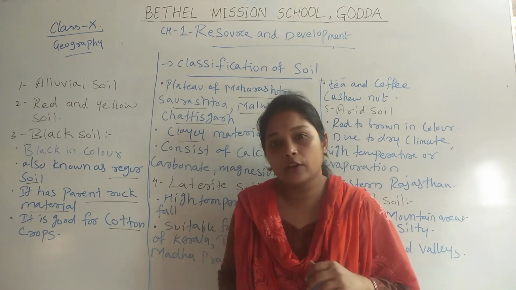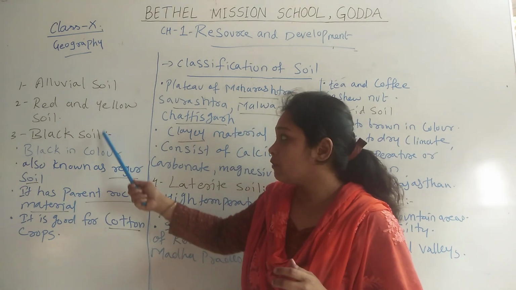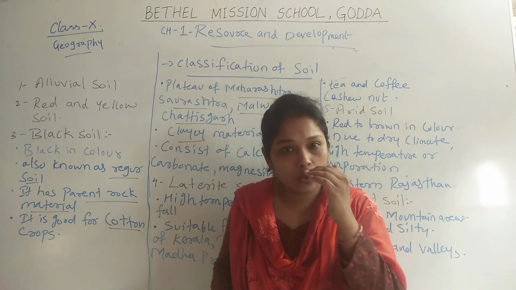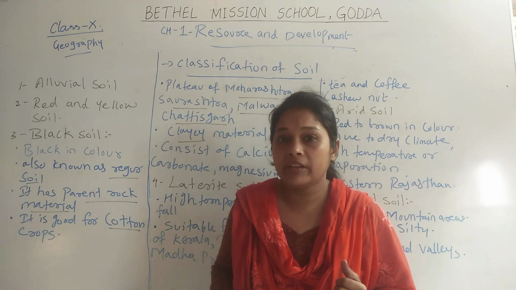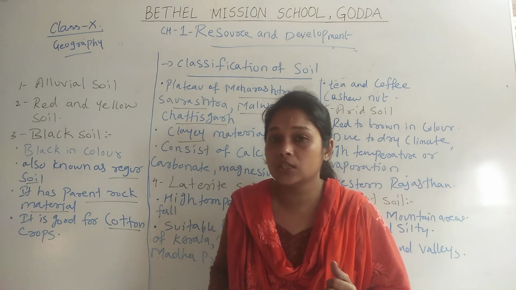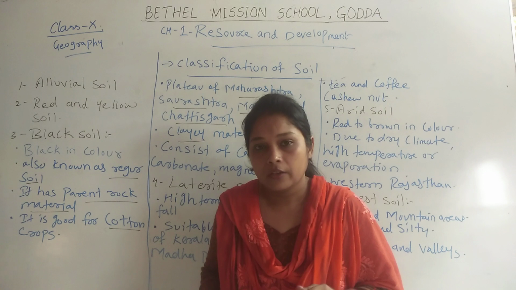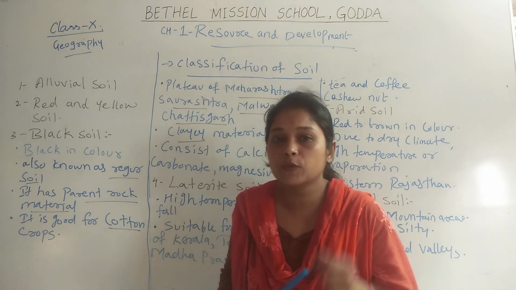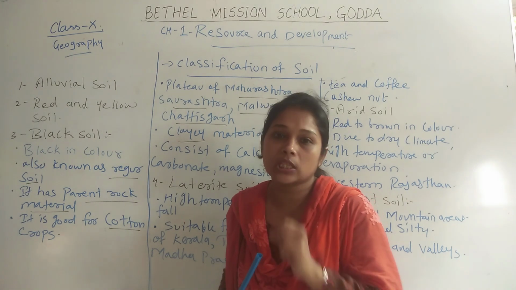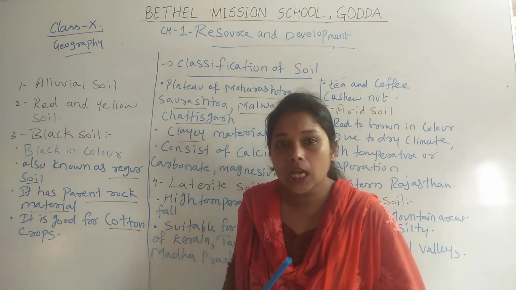The second layer of soil consists of red and yellow soil. The third layer of soil is the parent rock or weathered parent rock, which consists of many small rocks, which make black soil, because black soil consists of small particles of rocks in it. That is why it is black in color.